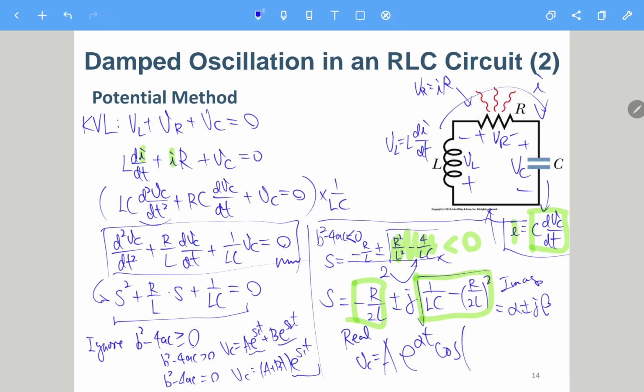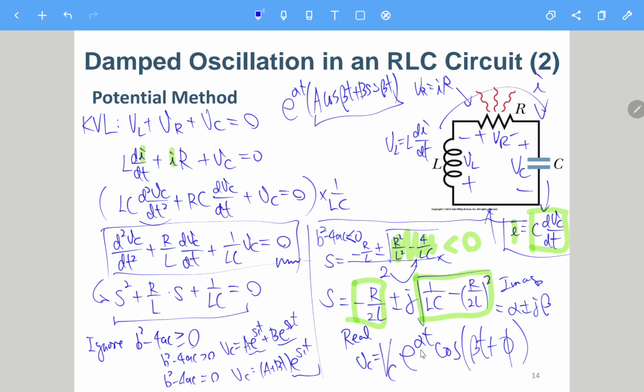When I talked about the solution at that time, it should be exponential to alpha t, and then a cosine of beta t plus b sine of beta t. But here, as they have the same frequency, we can just write a capital Vc exponential to alpha t, and then cosine of beta t plus phi, something like this.